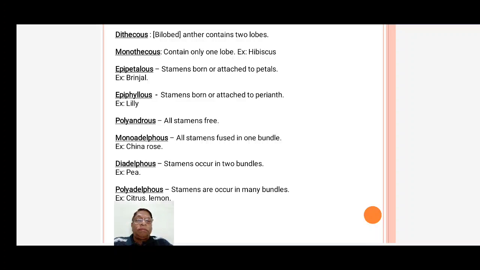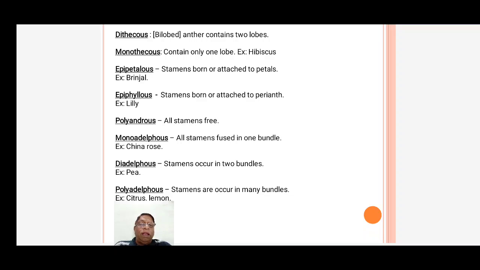Epiphyllous. Before discussing epiphyllous, let us discuss the term polyandrous. Polyandrous stamens.